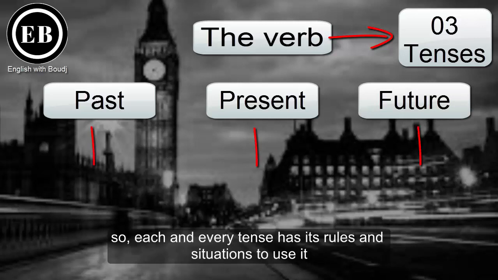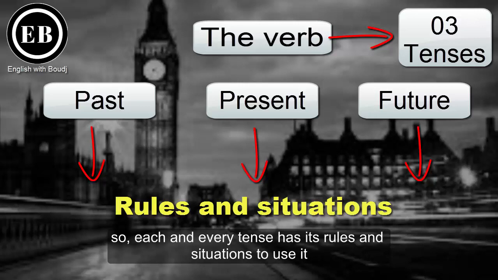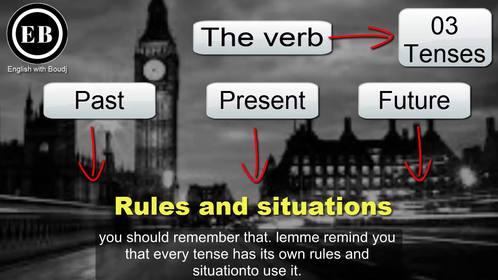Each and every tense has its rules and situation to use it. You should remember that. Let me remind you that every tense has its rules and situation to use it.